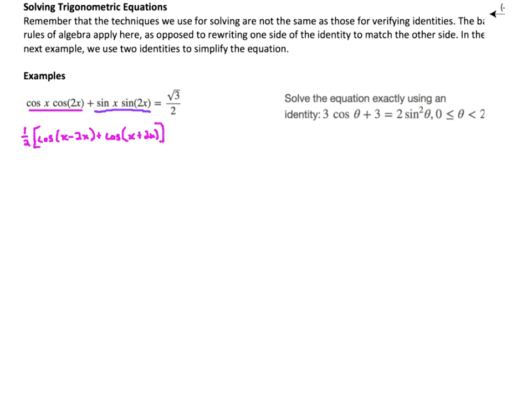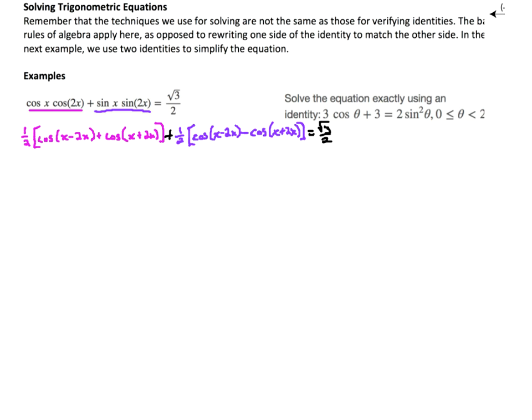Oh, by the way, I'm adding these things. So my product to sum of sine alpha times sine beta makes this 1/2 times cosine x minus 2x minus cosine x plus 2x. And that's all equaling square root 3 over 2.